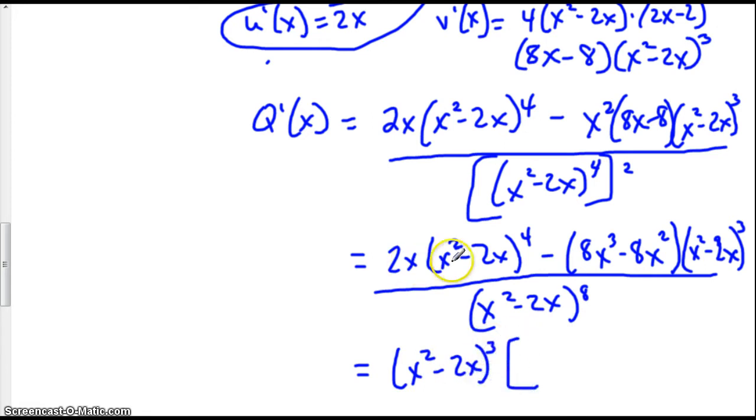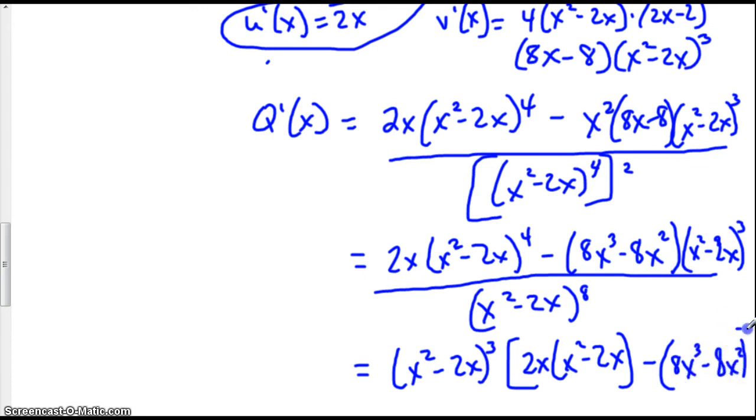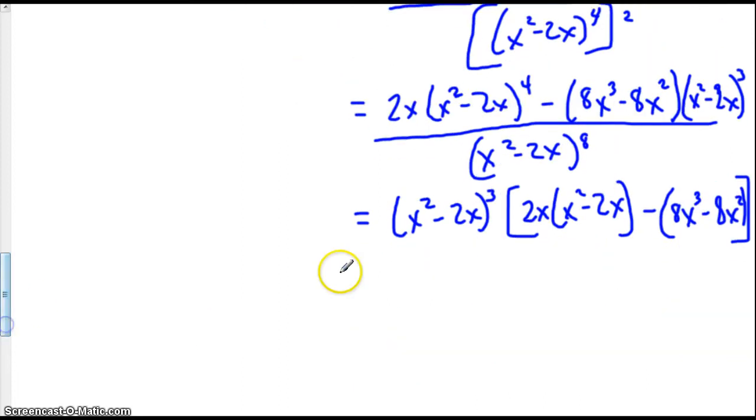So we'd be left with 2x times one more of these (x squared minus 2x)'s, subtracting, that's all factored out, so subtracting our 8x cubed minus 8x squared. And again, this is all over (x squared minus 2x) to the 8th.